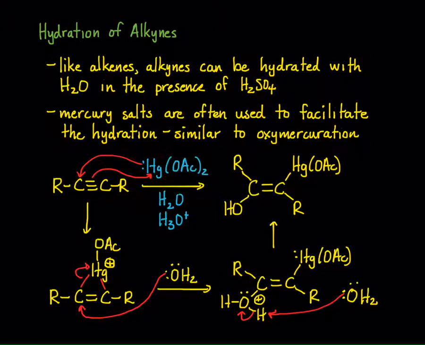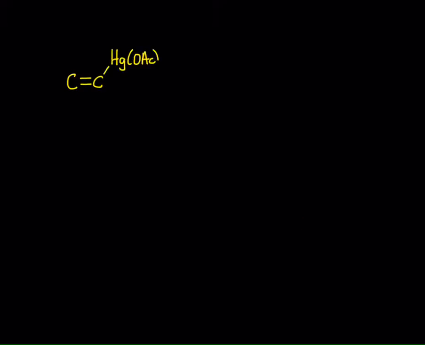And so in order to get rid of that mercuric salt, I basically have to add a reducing agent. The difference here is that I still have a pi bond, and in acidic conditions, right? So remember I have an acid present, so sulfuric acid, which is going to react with water to give me the hydronium ion. So I can react that alkene with an acid.